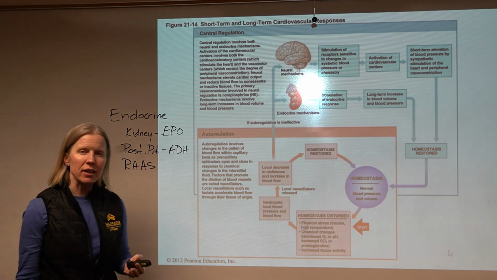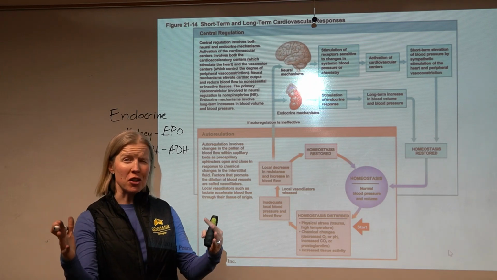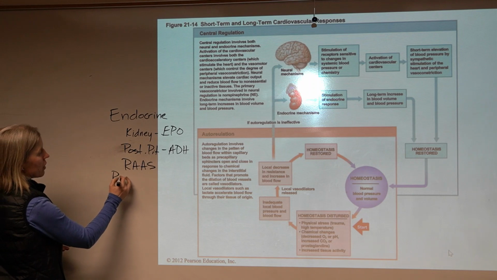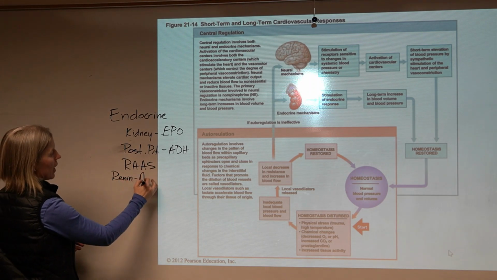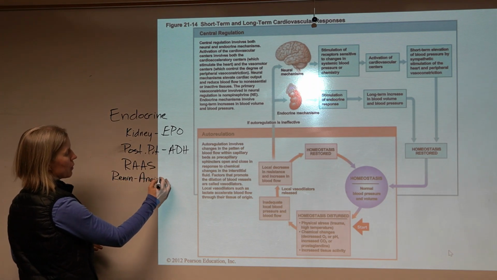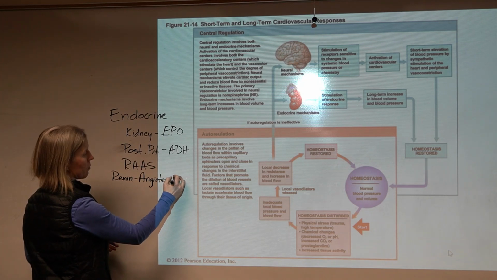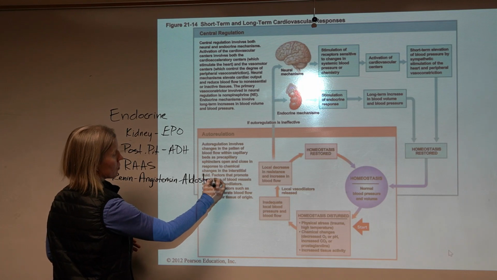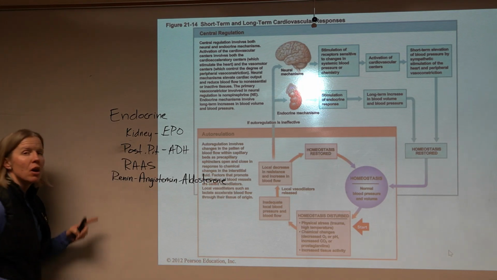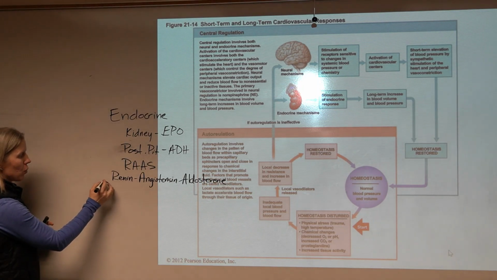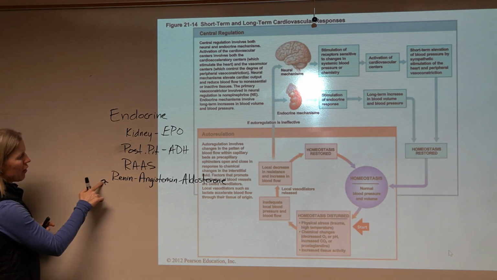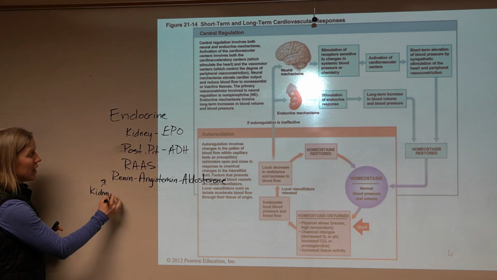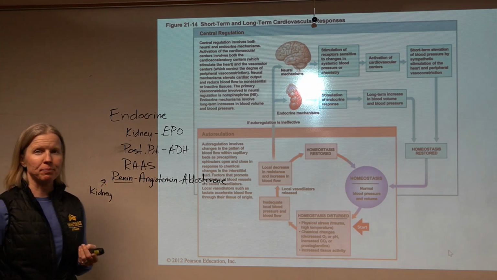We didn't really get into this in the endocrine system because there's so much other stuff there, but let's take a look. So again, this is the renin-angiotensin-aldosterone system. The kidney is going to release renin.